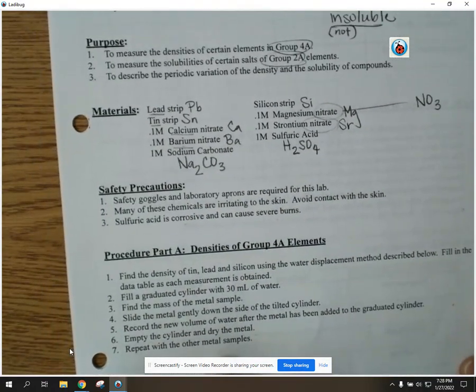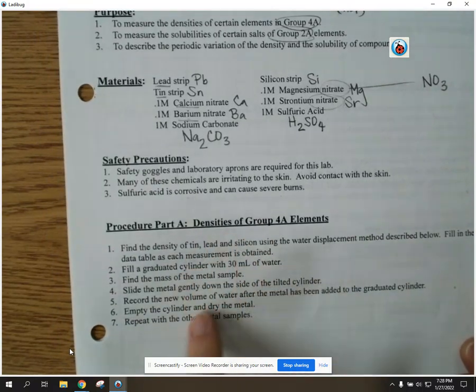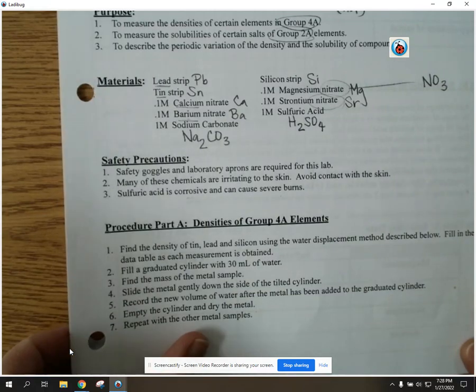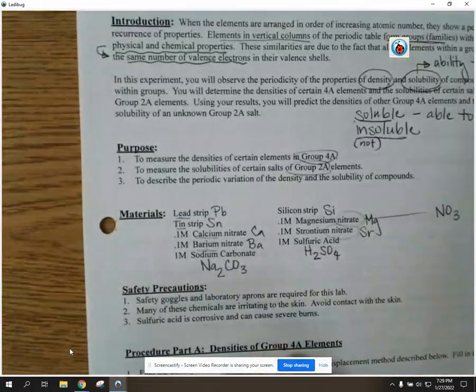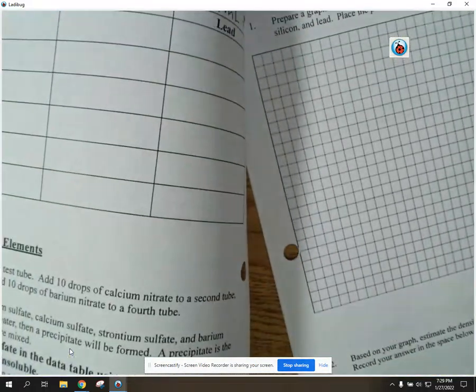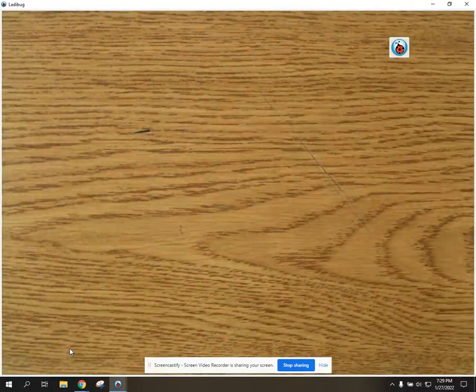So we used the displacement method to find the volume of the metals. So what you're going to need to do is turn to the back of this front page and write down this information.